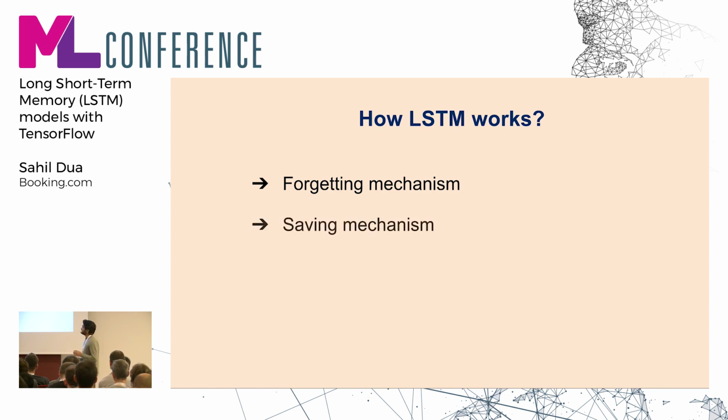Another one is the saving mechanism. If it sees something new in the current prediction, it decides how much of that new information is going to be stored and how much is going to be ignored. The third one is the using mechanism, which means how much of the memory it has is going to be used in making the current prediction.